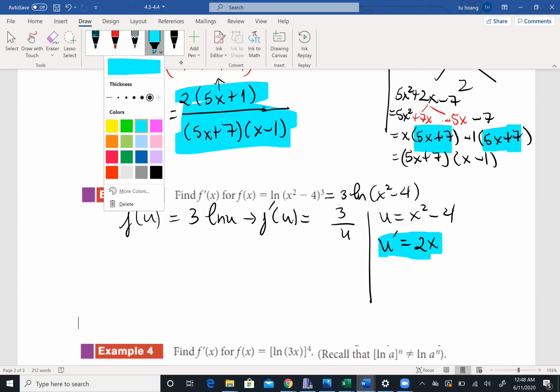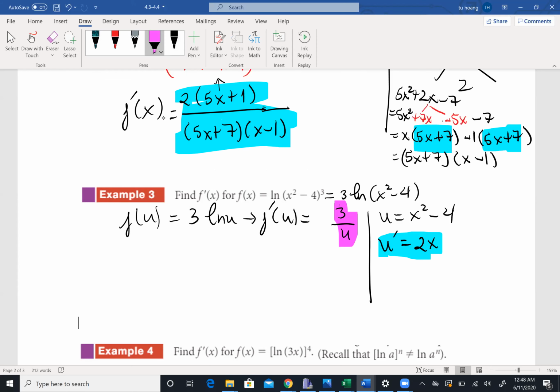Let me change the color. All right, now you need to find f derivative of x.